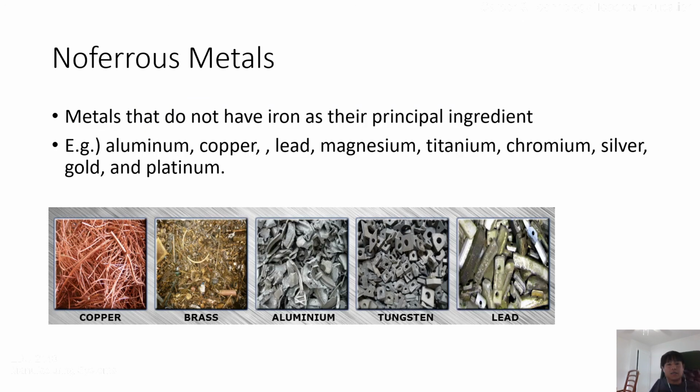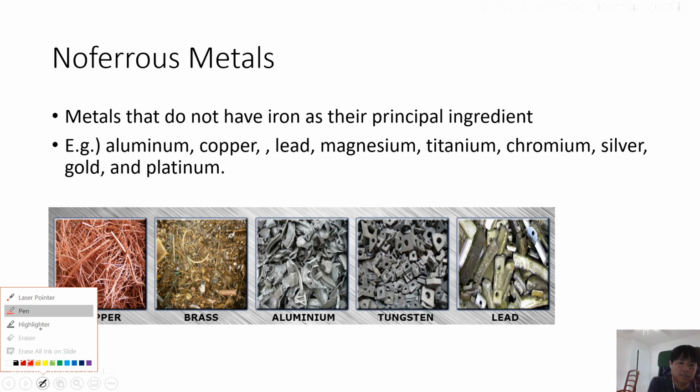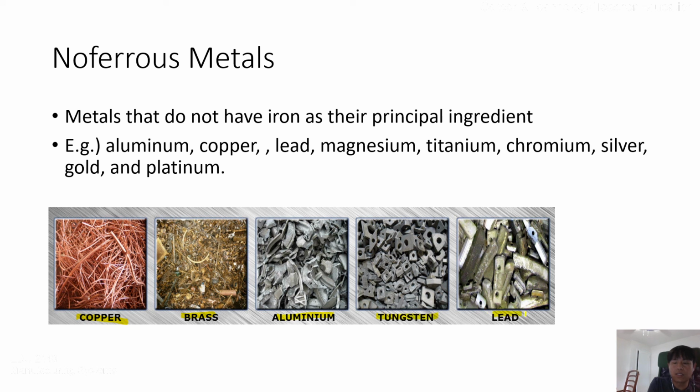All right. So let's look at non-ferrous metals. There are many non-ferrous metals. Look at these examples: copper and brass, aluminum, tungsten, and lead.